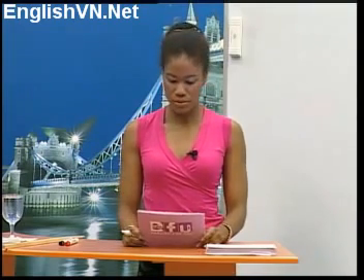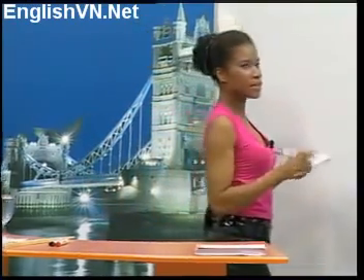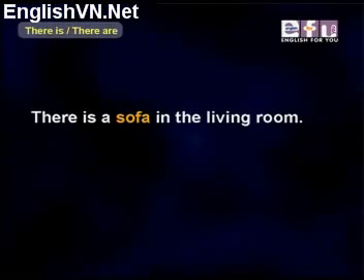So we use there is and there are when we talk about something for the first time to say that it exists. The subject follows the verb to be when there is used. The verb always agrees with the noun that follows there. Take a look at these examples.